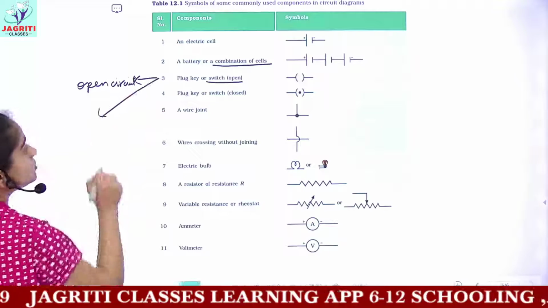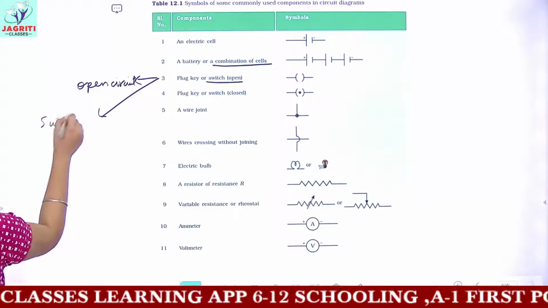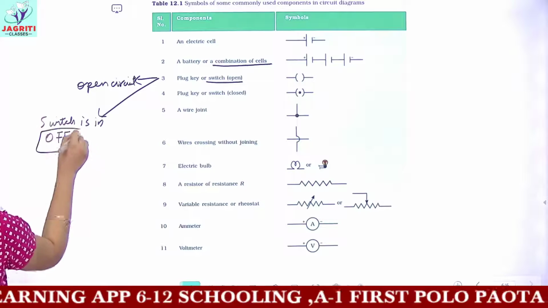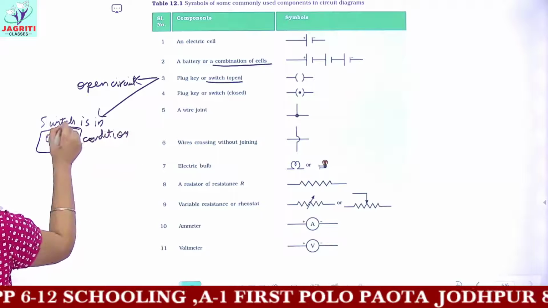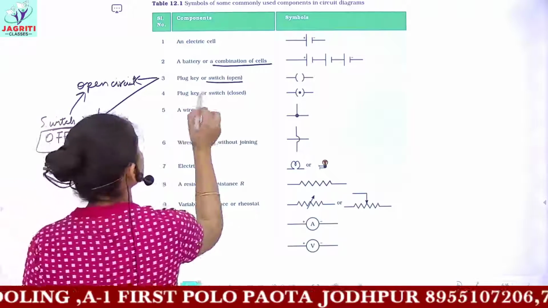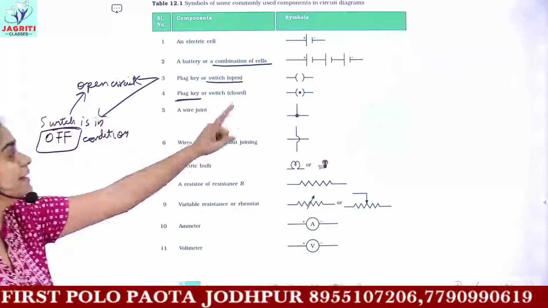And open switch means what? That the switch is in off condition. So open switch means the switch is off, and switch is off means the circuit is also open. And the switch is also known as plug key, remember, closed switch is denoted by this symbol.